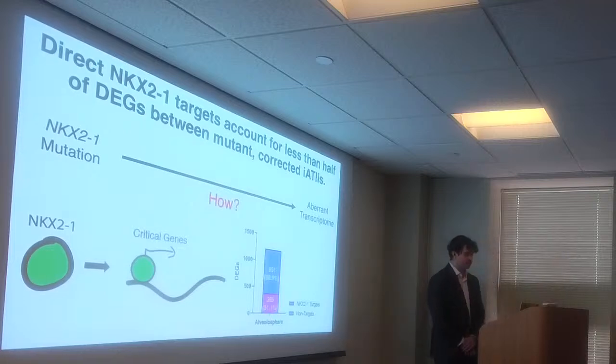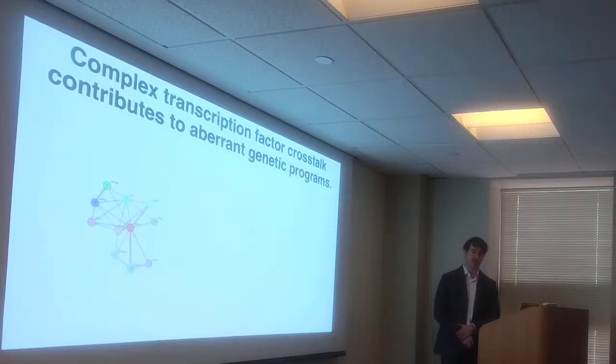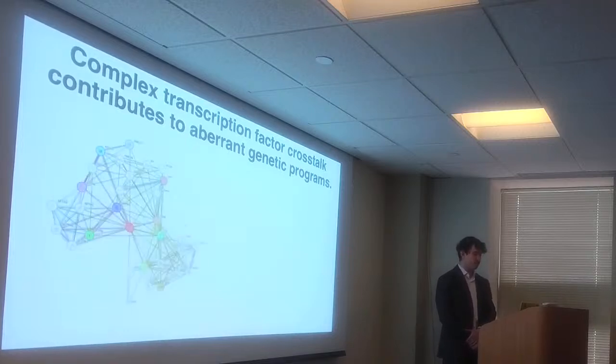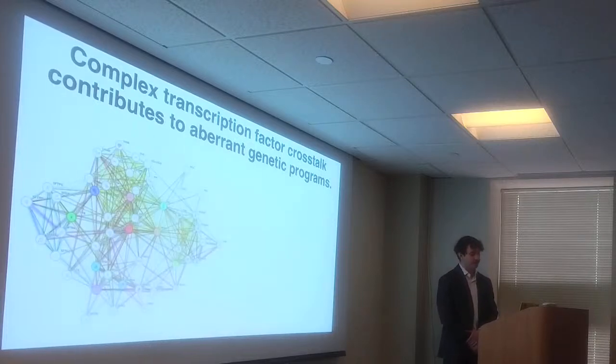So we really wanted to dig into what drives the differential expression of these genes and how they relate to disease. So what we wanted to do was start thinking about how NKX2-1 could be talking to other transcription factors in crosstalk. And this is computationally predicted binders of NKX2-1. And as you zoom out and see more and more of these, you're very quickly taken into a quagmire of transcription factor crosstalk that's very hard to decipher.